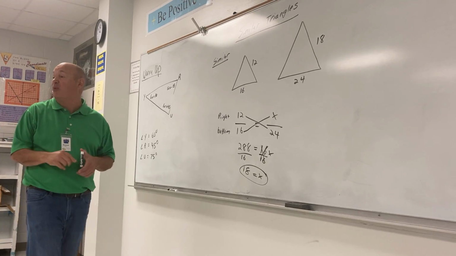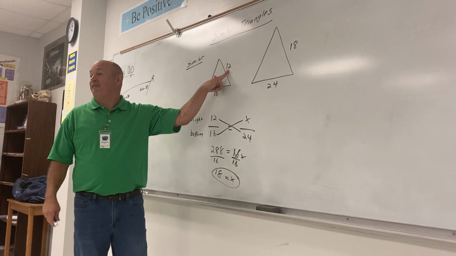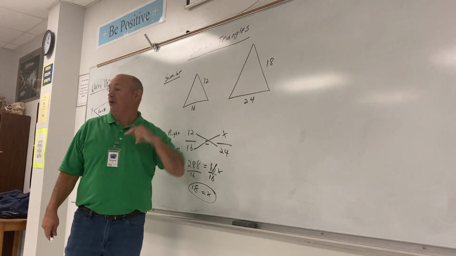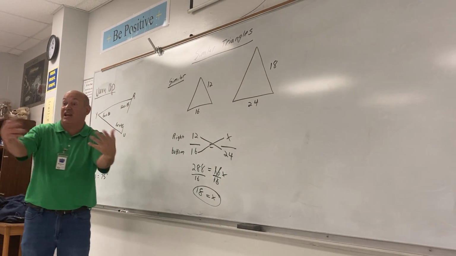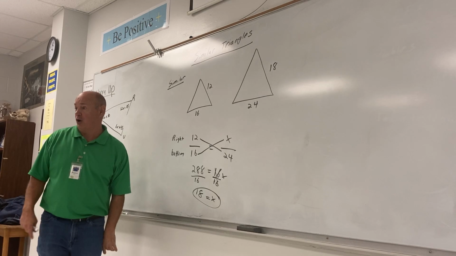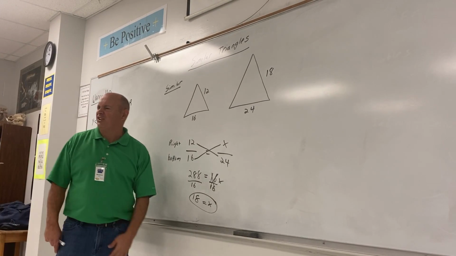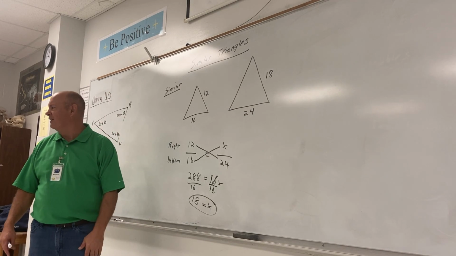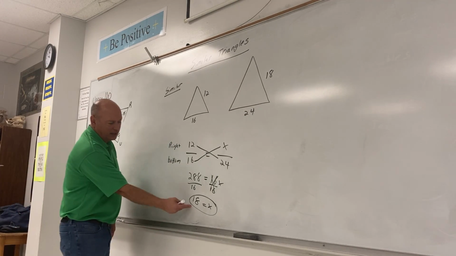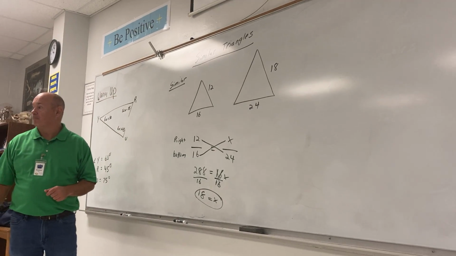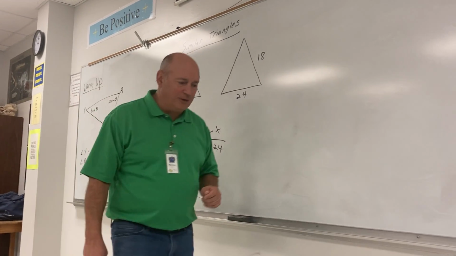You had to multiply it by 1.5. 1.5 times 12 is 18. 1.5 times 16 is 24. So sometimes you can just look at them and do what Zach did. Sometimes you're like, I can't do this one in my head. Do the proportion and it'll tell you. Questions? All right, we're ready to roll.